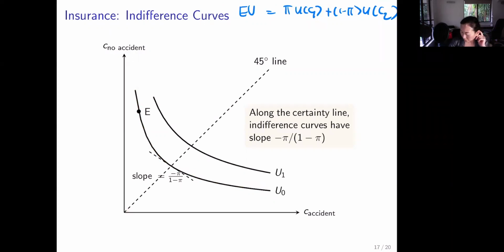And we also learned that along the 45-degree line, the slope of this indifference curve, the MRS, has to be equal to that. Remember, when C1 is equal to C2, then that is the MRS.